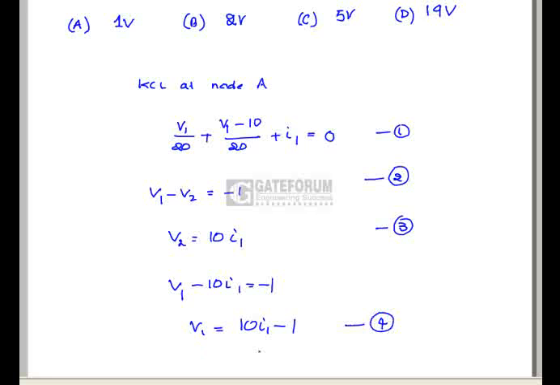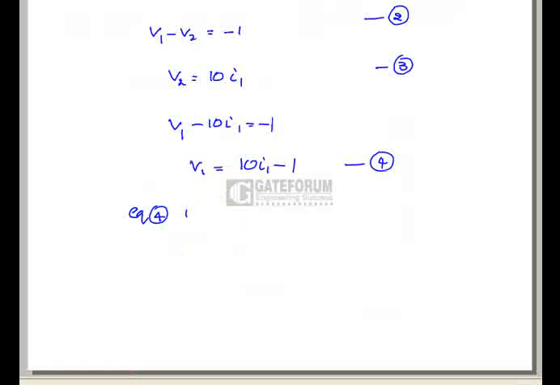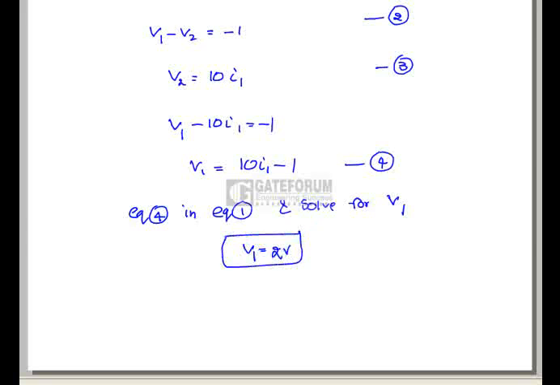So if we substitute equation 4 in equation 1 and solve for V1, then we will get V1 as 2 volts, which is option B. It is correct.